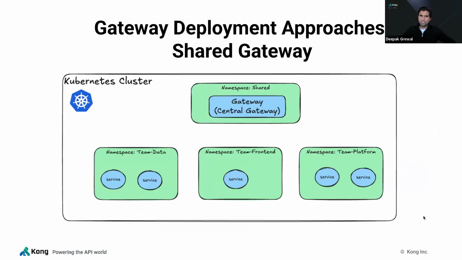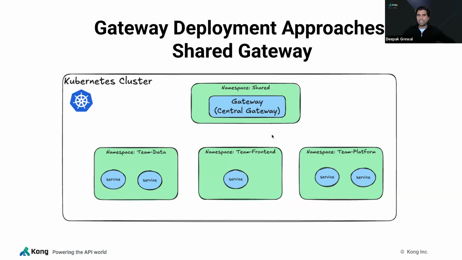So the first thing I'm going to show you is a deployment in a Kubernetes cluster where we're deploying a shared gateway. There are 3 namespaces representing different teams. So we have team data, team front end, team platform. They each have their own services deployed.